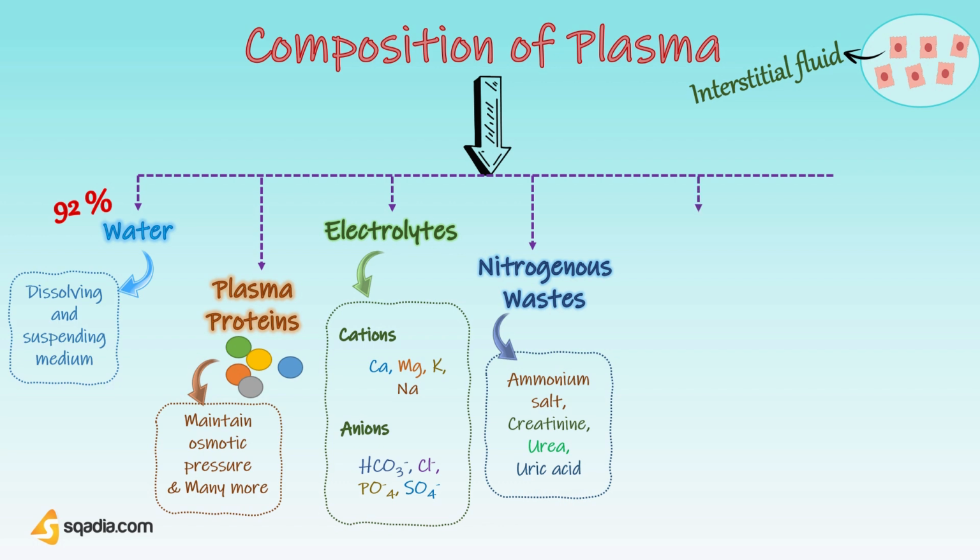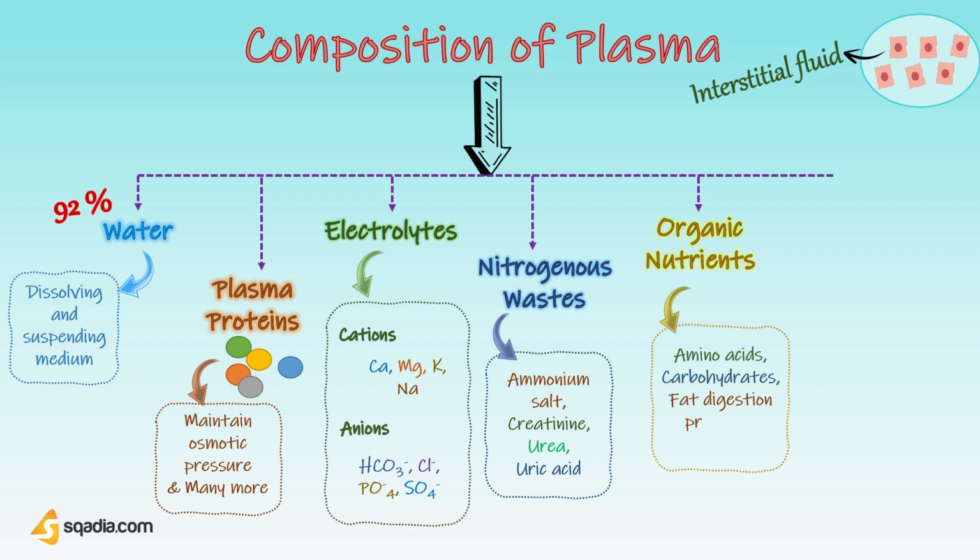Some organic nutrients are normally absorbed from the digestive tract and are transported by blood to be used throughout the body. It includes amino acids from protein digestion, simple carbohydrates such as glucose, cholesterol, fatty acids, fat digestion products such as glycerol and triglycerides, and vitamins.